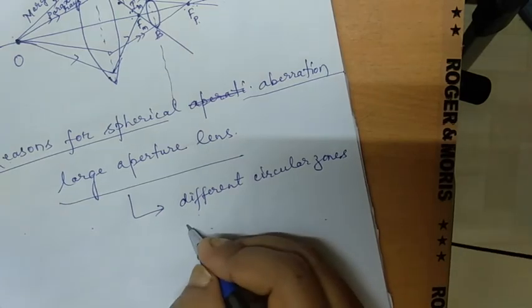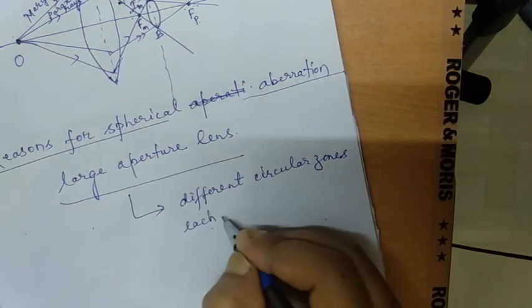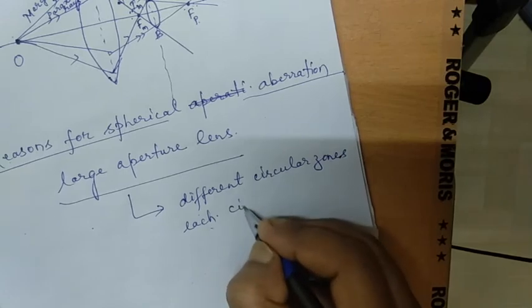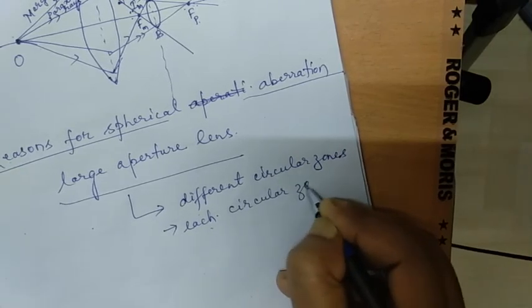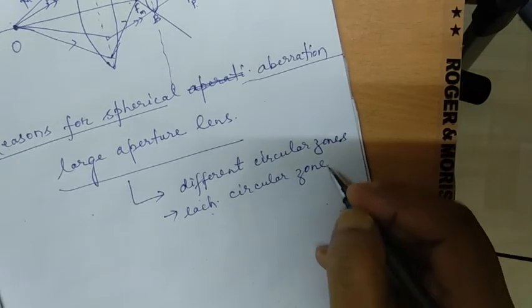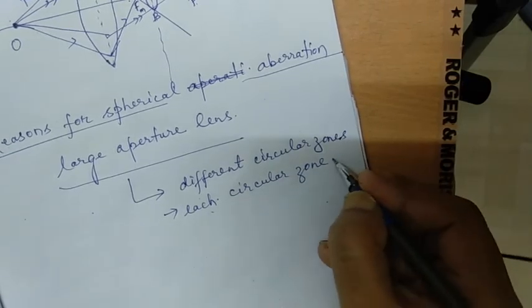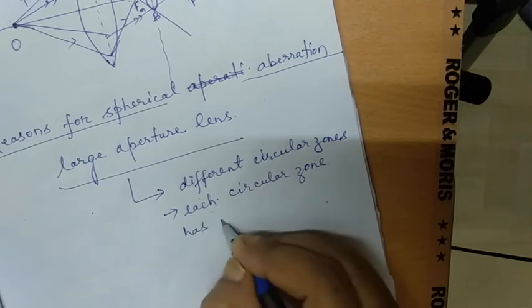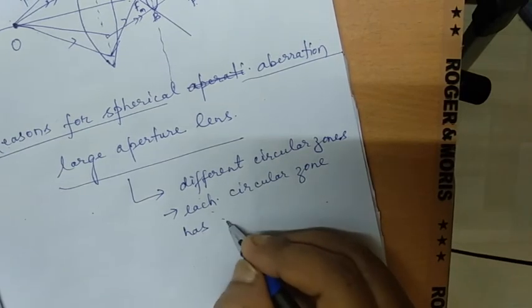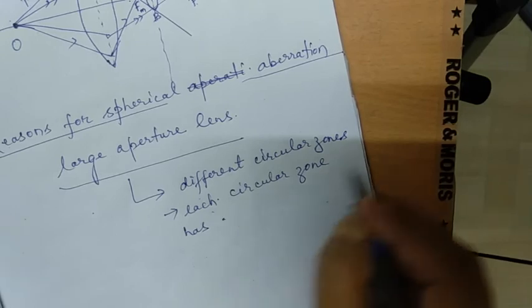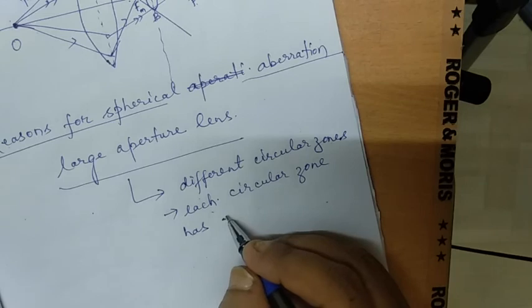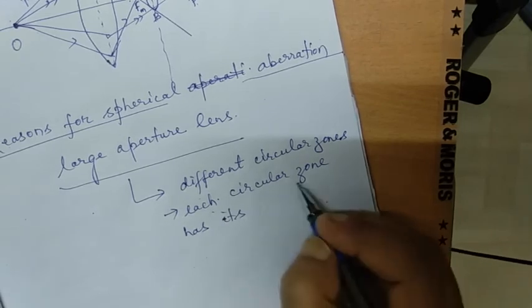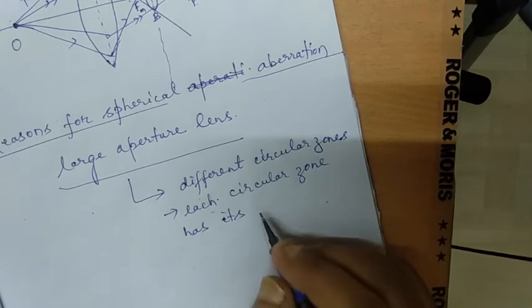And each circular zone has its own focal length.